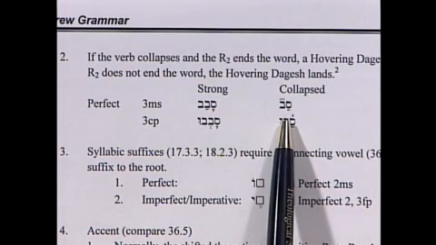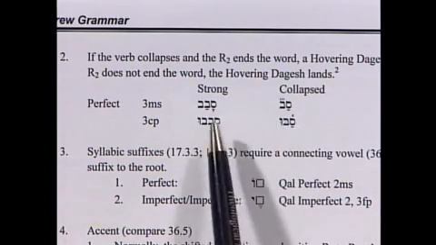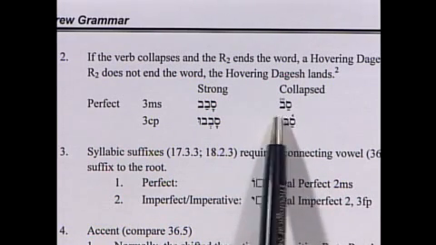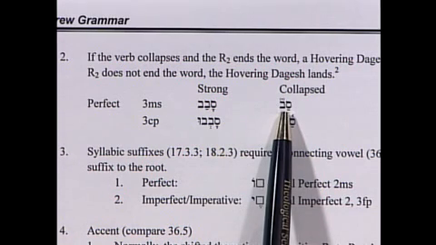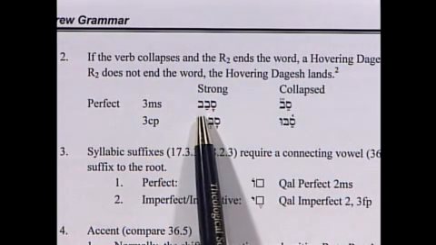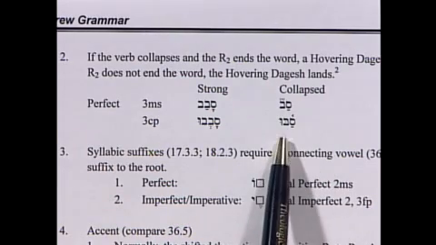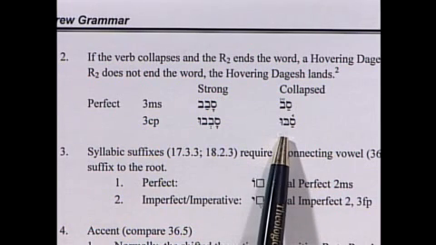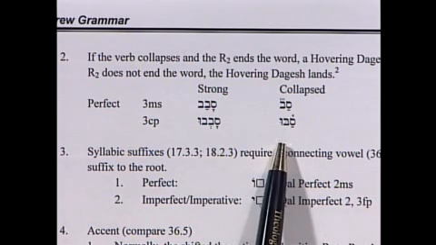But we can also collapse it. And when we collapse it, notice again that the thematic vowel goes between R1 and R2. There's nothing on the end. We have a hovering dagesh. That hovering dagesh represents the R3. And if we put something on the other side of it, so with your 3CP, we put a shurik, the hovering dagesh lands, we say sabu, you see.